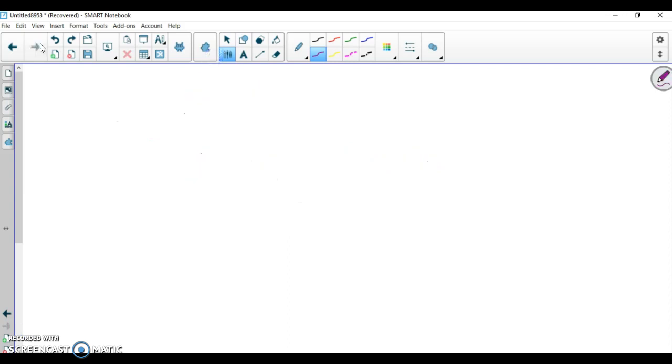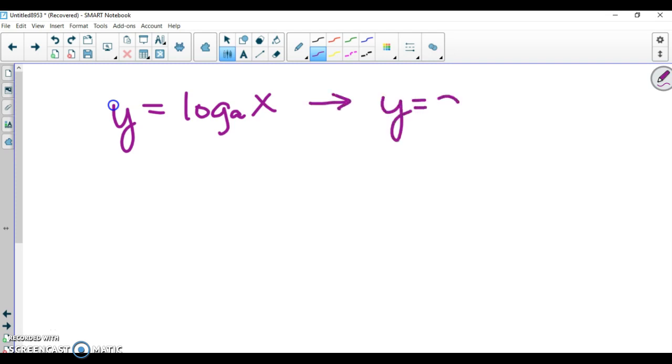So at the top of page 194, looking at graphs of log functions, in order to sketch the graph y equals log base A of x, we keep in mind that it is the inverse function of the exponential function. Log base A of x is the inverse of y equals A to the x.